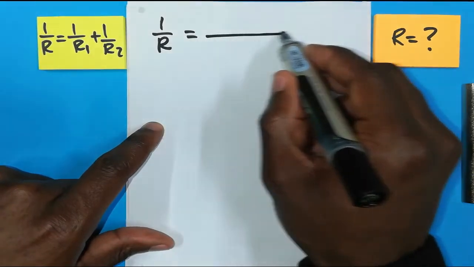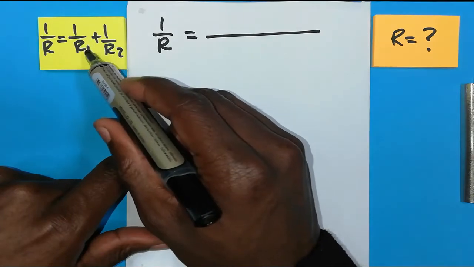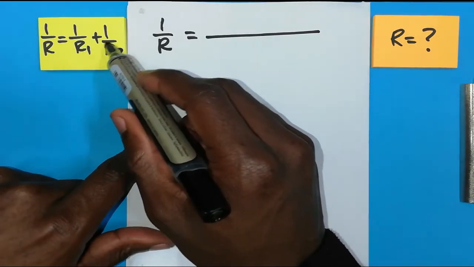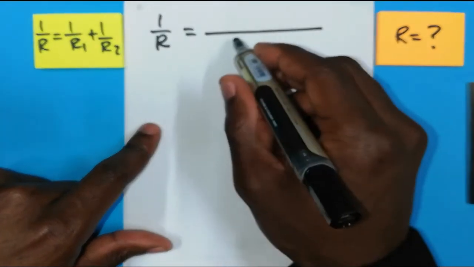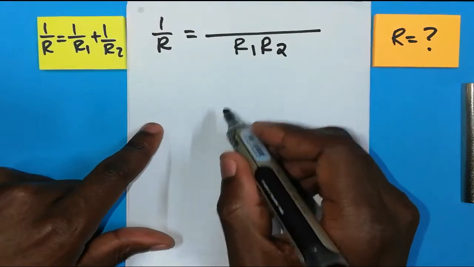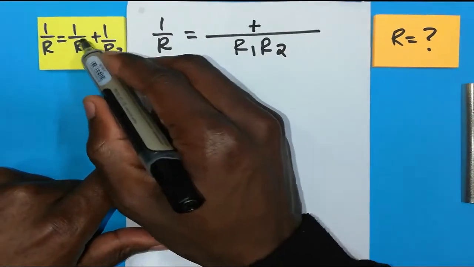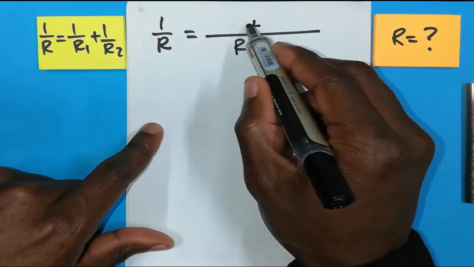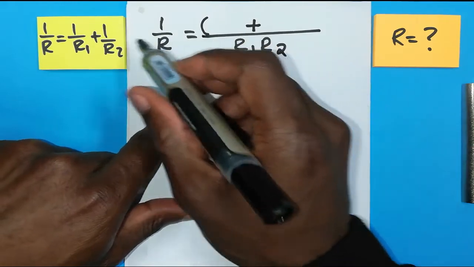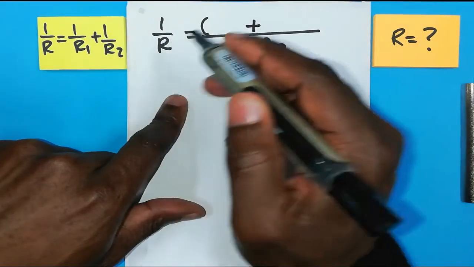So we're going to draw a line. To achieve the same denominator here, one way of doing it is to multiply R1 by R2. You multiply those denominators, and you write the sign that separates these two fractions here. Now what you're going to do is multiply the diagonal numerator with the denominator.